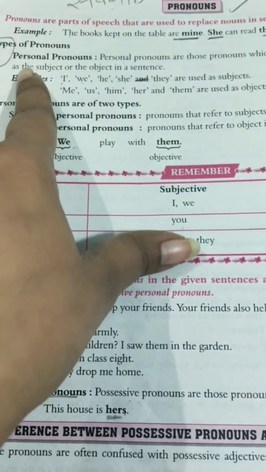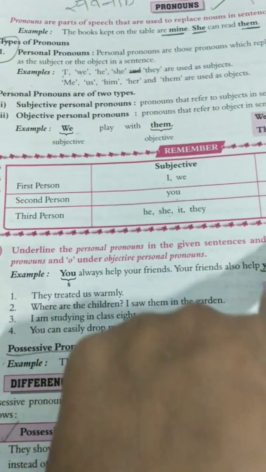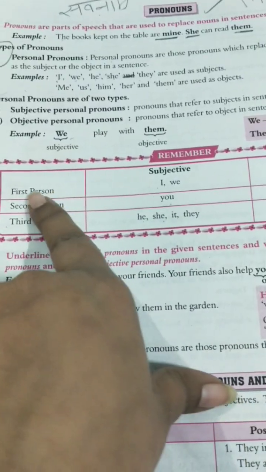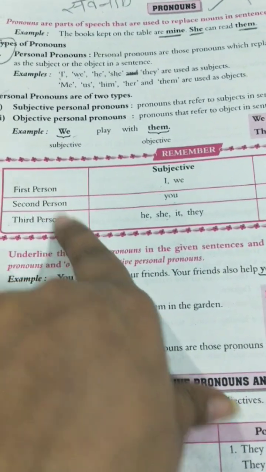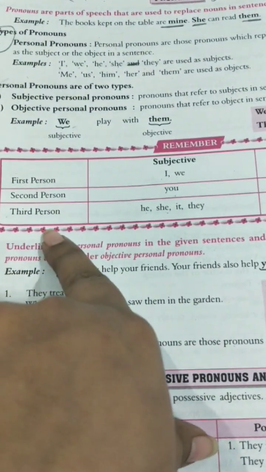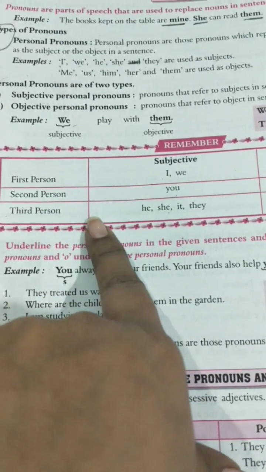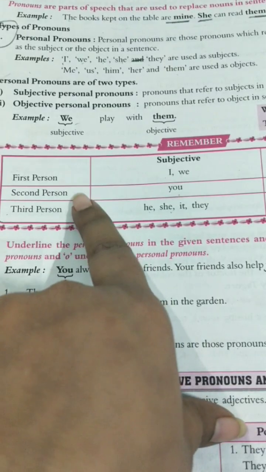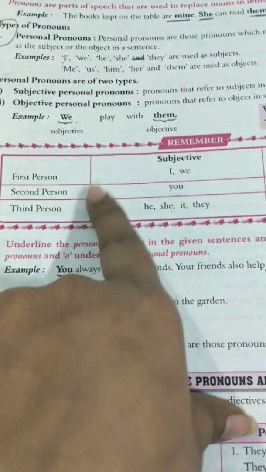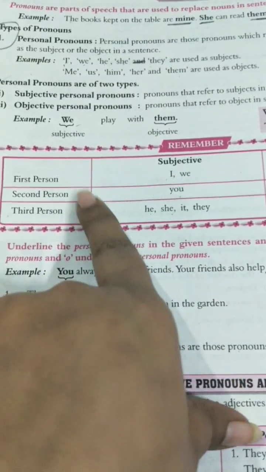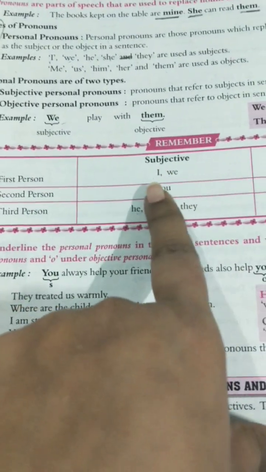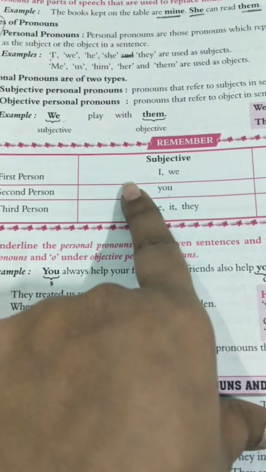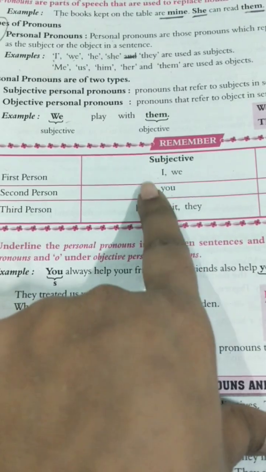Now we are going to study personal pronouns in detail. We divide all these personal pronouns into three categories: first person, second person, third person. Remember, this question is very important. This comes in the exam also. Underline which words are first person, second person, third person. So I and we are first person because they are talking.